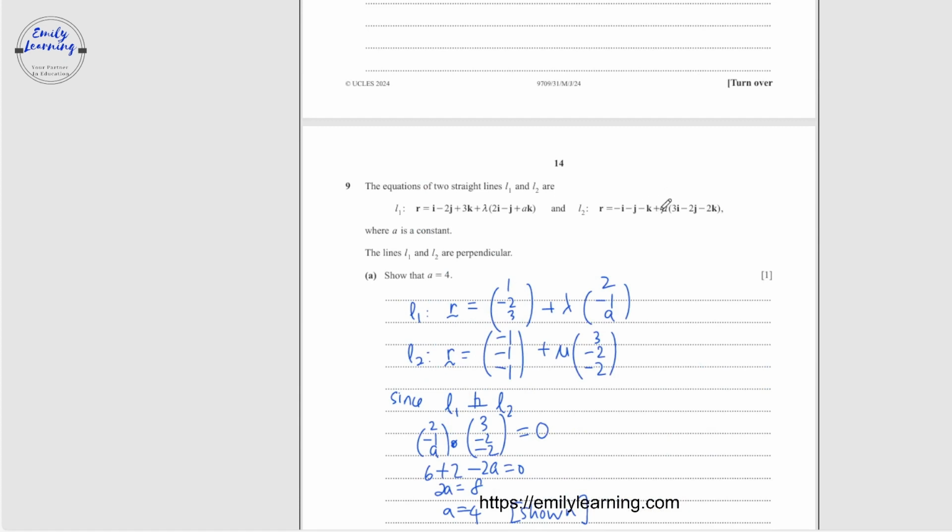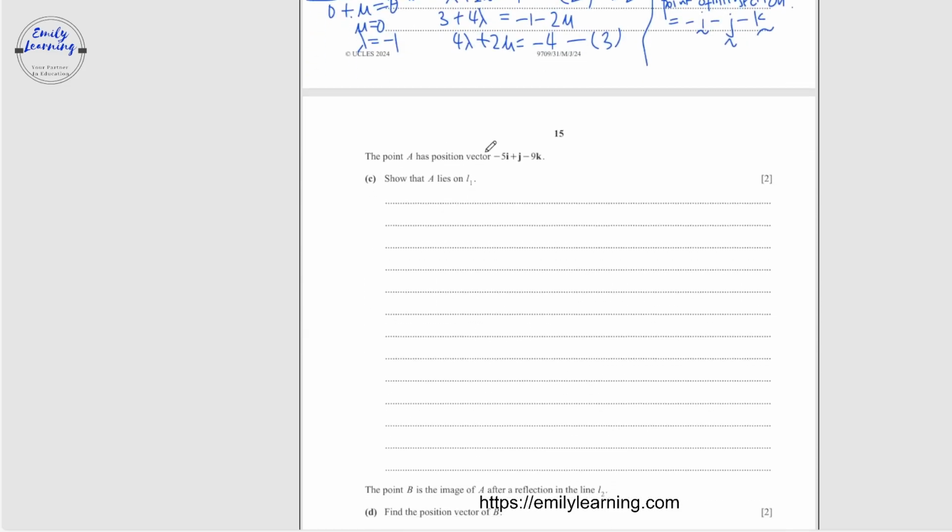I prefer to sub in mu equals 0, so I know that it is basically minus i. So sub in mu equals 0, so this whole thing is 0, so it's minus i minus j minus k. Okay, so that is the required position vector.